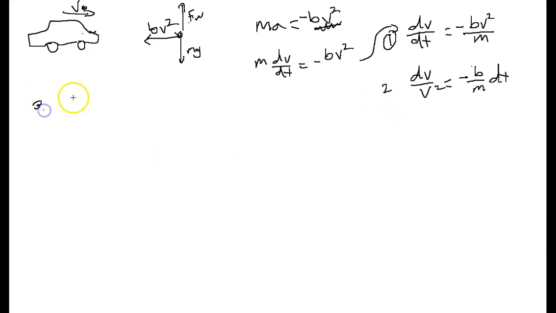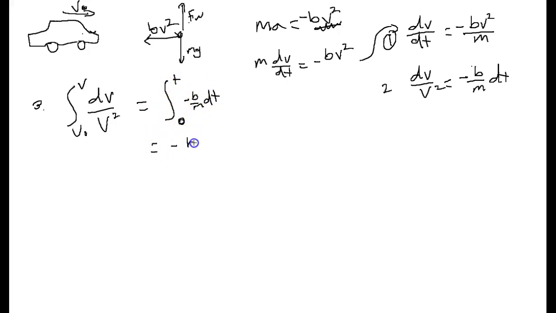We're going to bring it over here. We're going to integrate dv over v squared, going from v naught to v, and we're going to integrate negative b over m dt, going from 0 to t. Okay, and so this one we just end up with negative b over m times t.